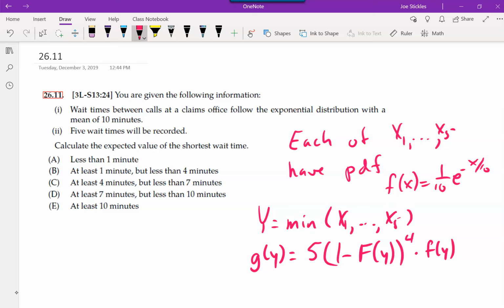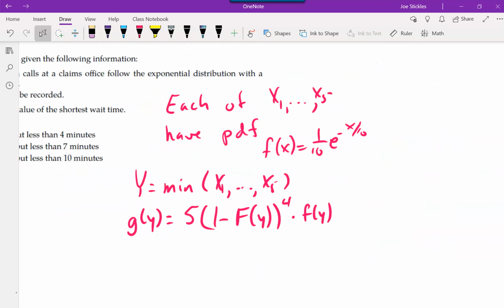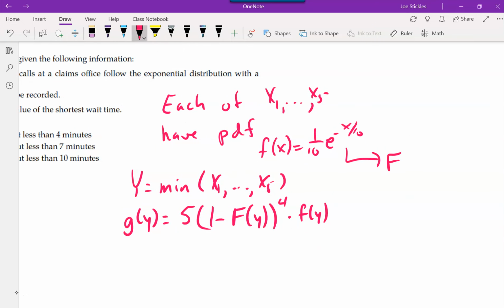Okay. And you already told me what the PDF is. Do we know what the CDF is then too? So if I go over here, what is the CDF then? That's 1 minus e to the negative x over 10, right? Yep, it is.